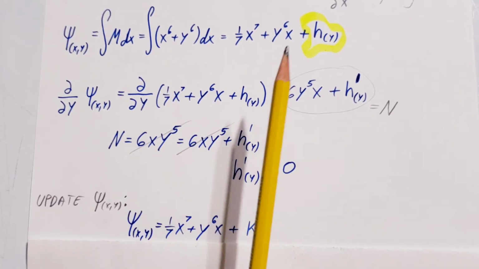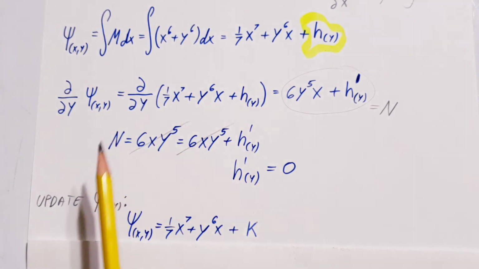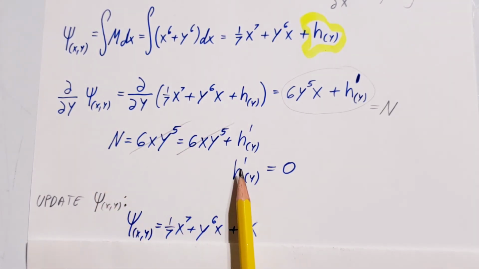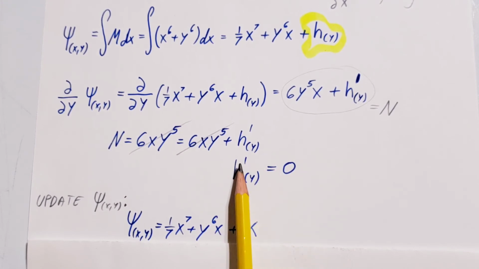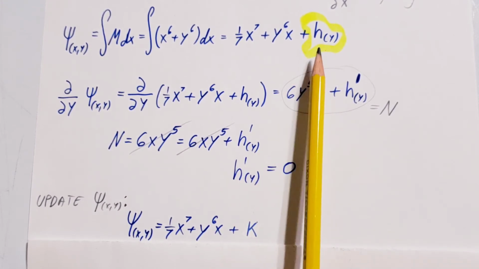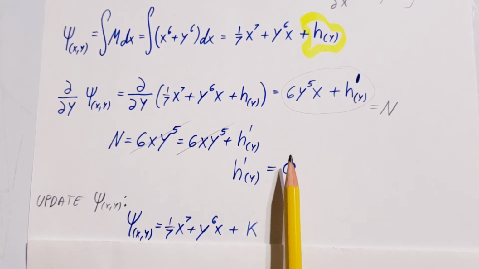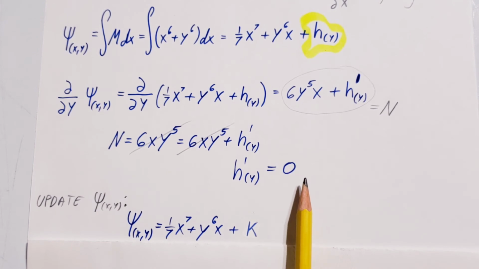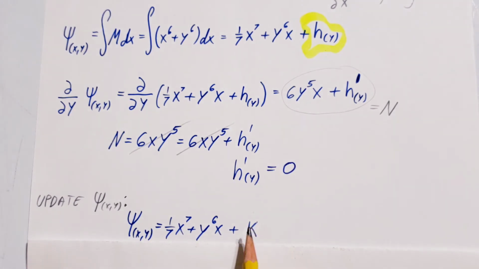Now we can come back to this equation that we have found here, and we can update it with the new information, which is this. Now this is the derivative of this, but what is the derivative of something that is equal to 0? It's a constant, right? So instead of the h, we're able to plug in a constant.